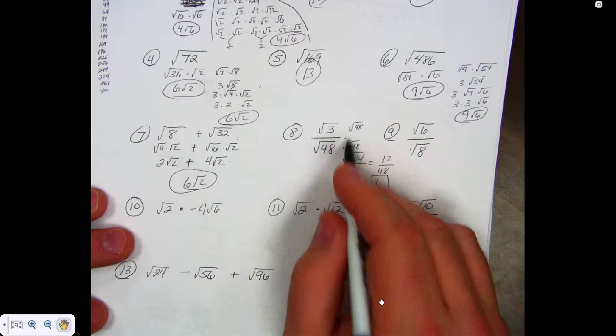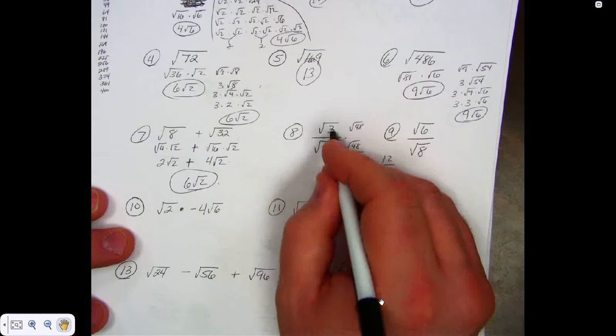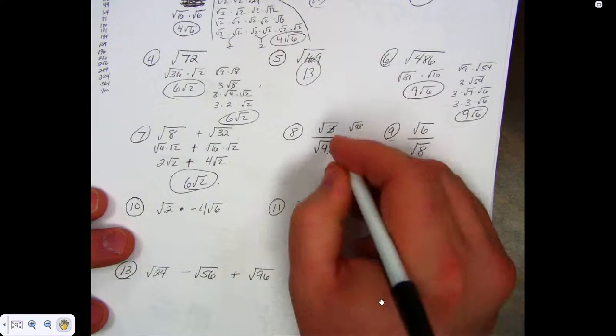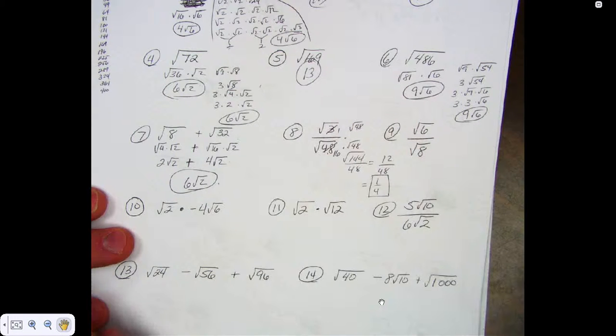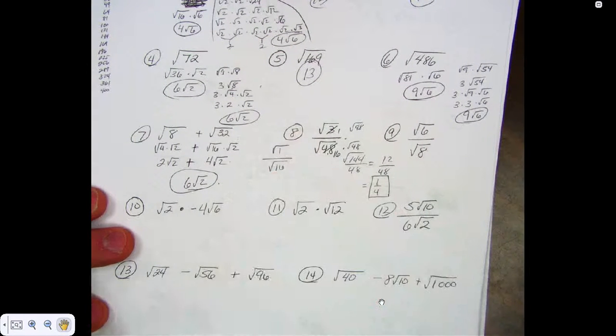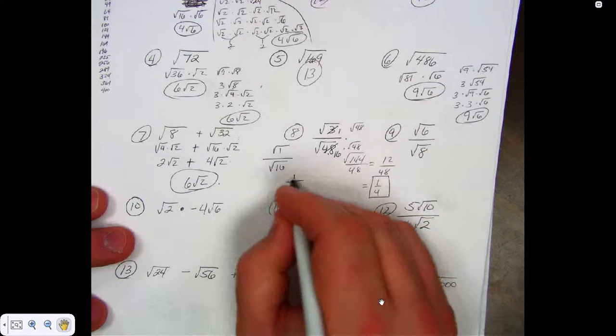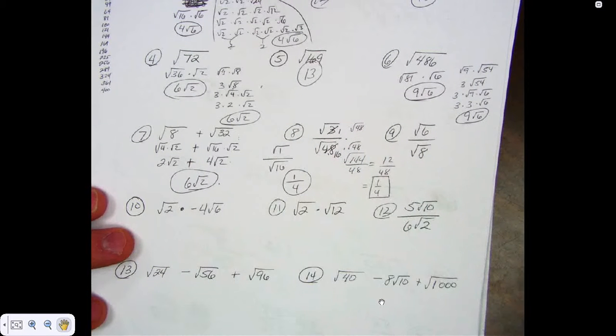See how we did that? You can do it that way as long as you keep reducing. The thing about it is, will 3 go into 48? 1 over 16. So you actually have square root of 1 over square root of 16. What's square root of 1? What's square root of 16? Got the same answer, didn't you? Okay, we just do it like that. You can do it any way you want.